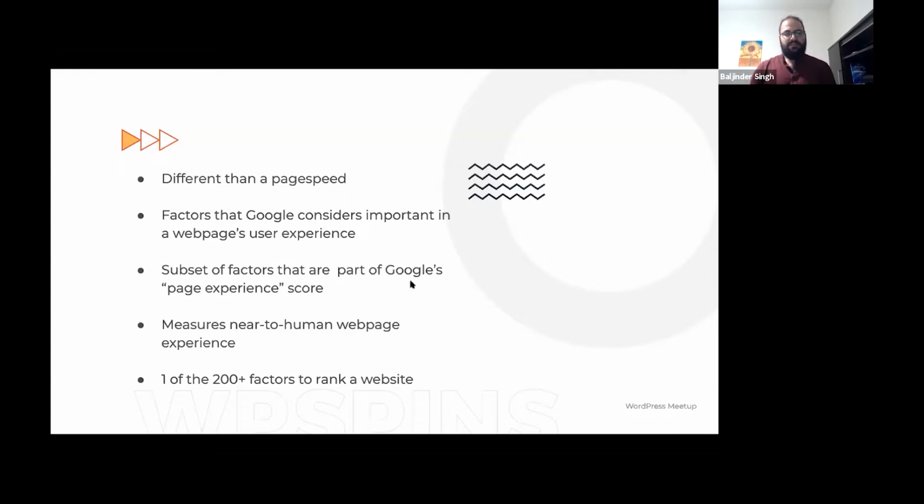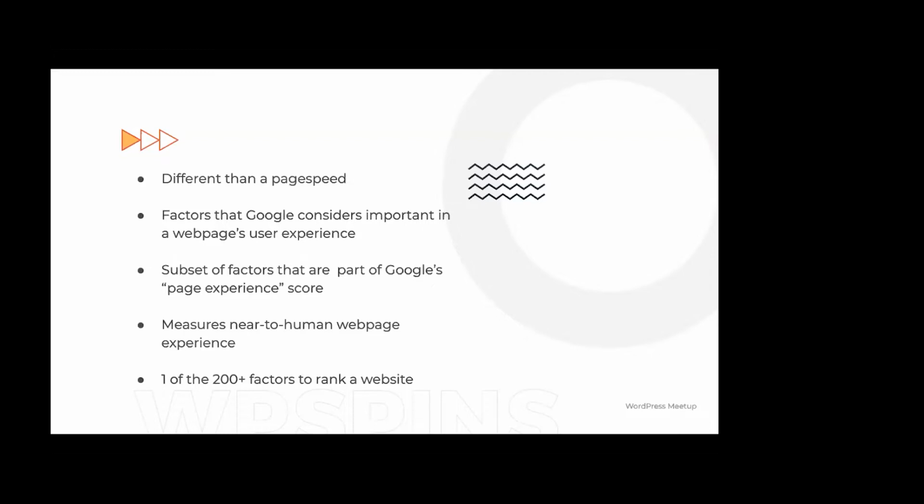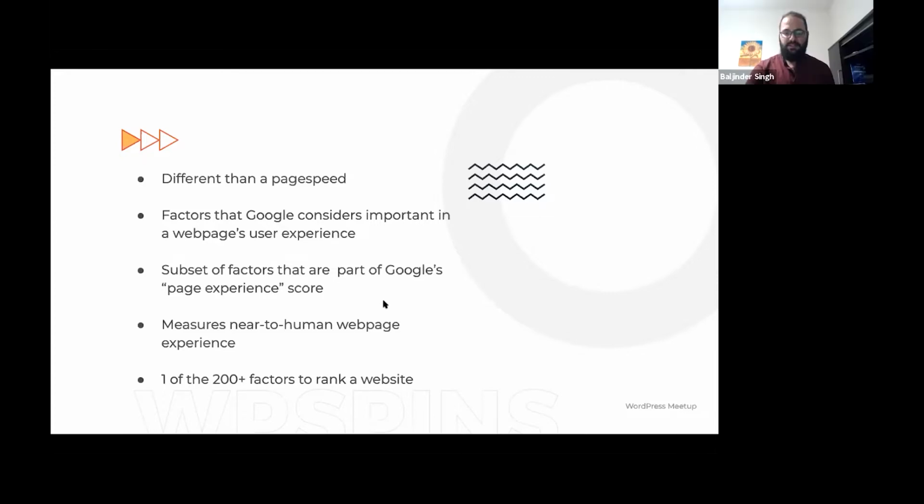So these are a subset of the factors. Core vitals is like three things that you need to consider to have a good page and to have good user experience on the page. And that's what Google uses to score the sites.